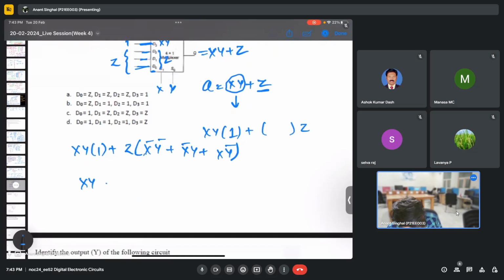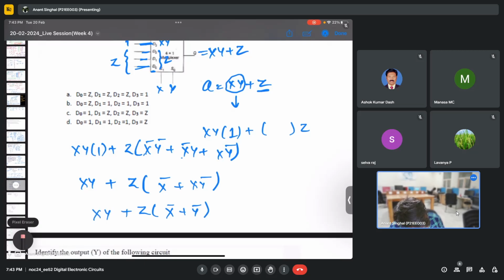This will be XY plus Z. So I'm taking X bar common, which will give me a 1 plus X Y bar, and I'm taking Z, X bar plus Y bar will be the term. So I can write this as XY plus X bar Z plus Y bar Z.